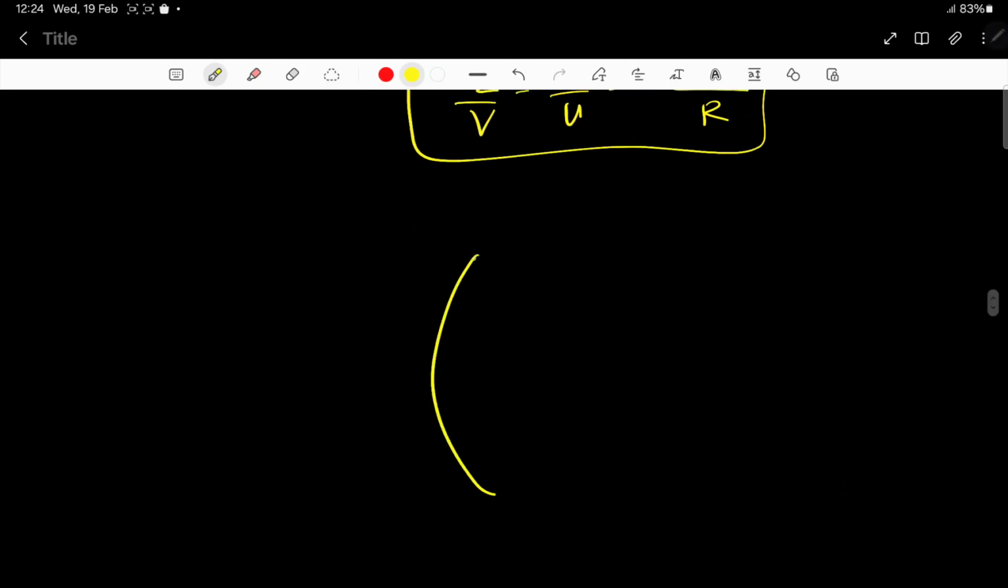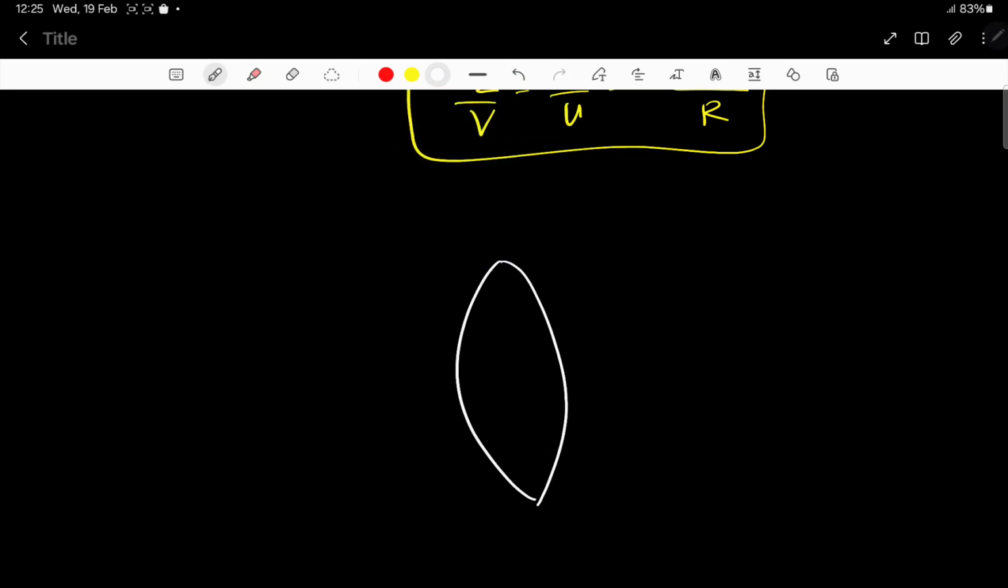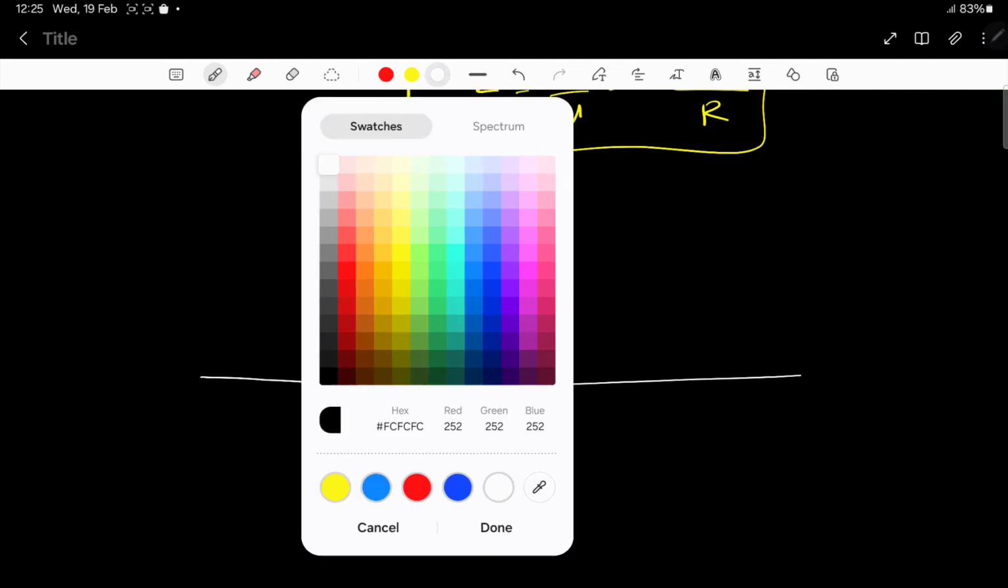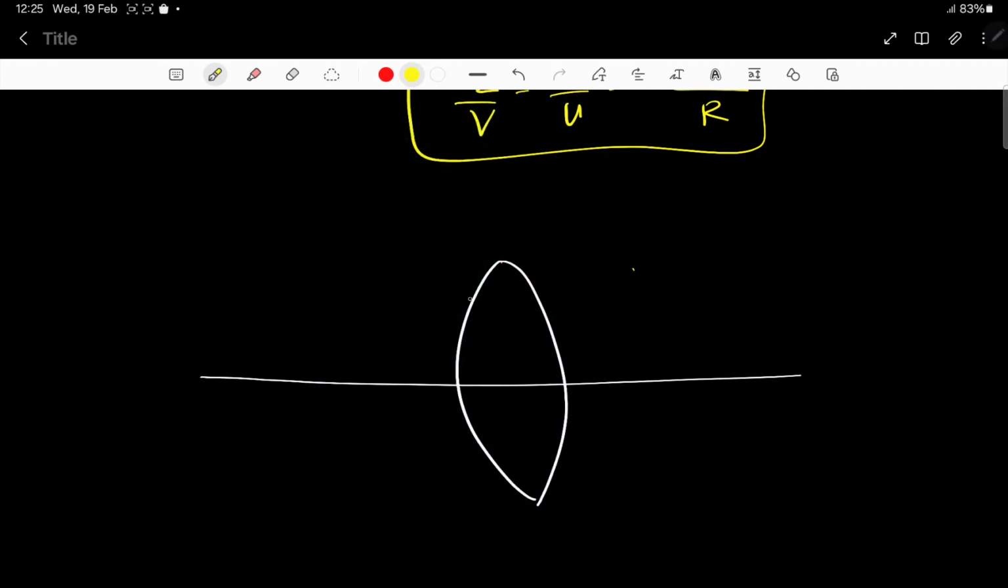Consider a convex lens now. You know that a convex lens surface is made up of two spheres, because if you imaginarily extend this surface, let me call this surface 1 and this surface 2, surface 1 would form a sphere with the center over here.